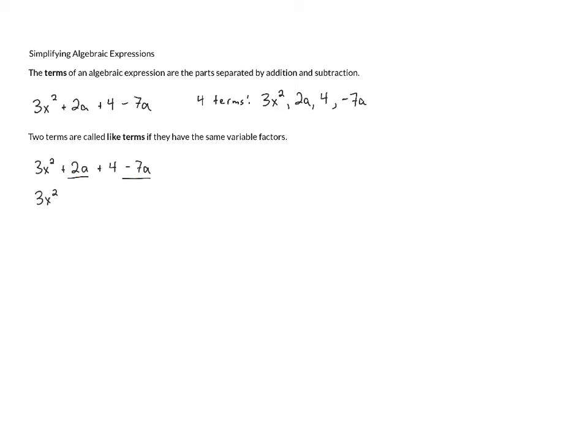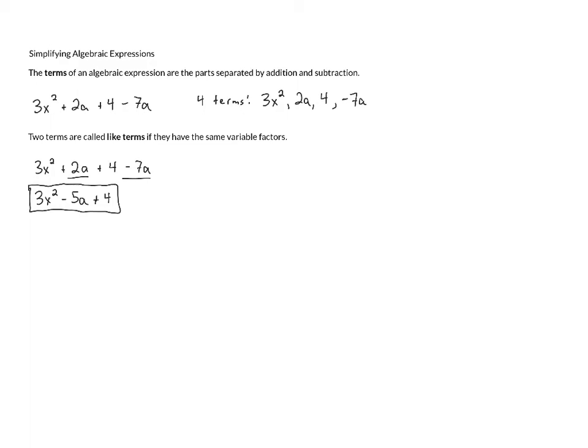Here we've got 2 minus 7, that gives us negative 5, so that's going to be negative 5a. And then we also have this positive 4 term that needs to be brought down. So our simplified version is 3x squared minus 5a plus 4.